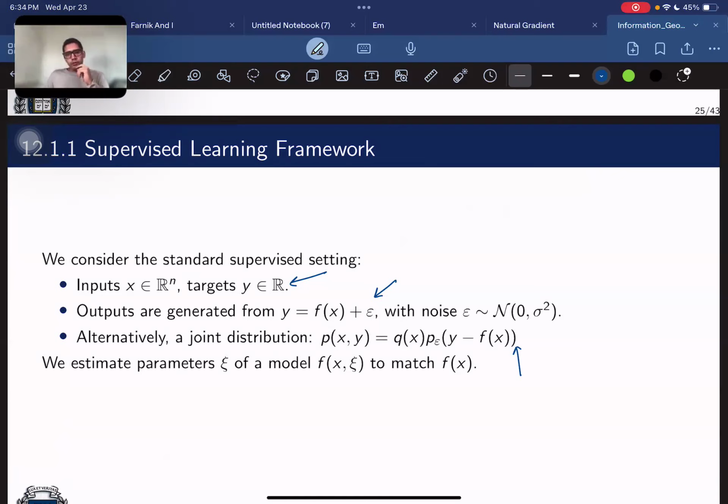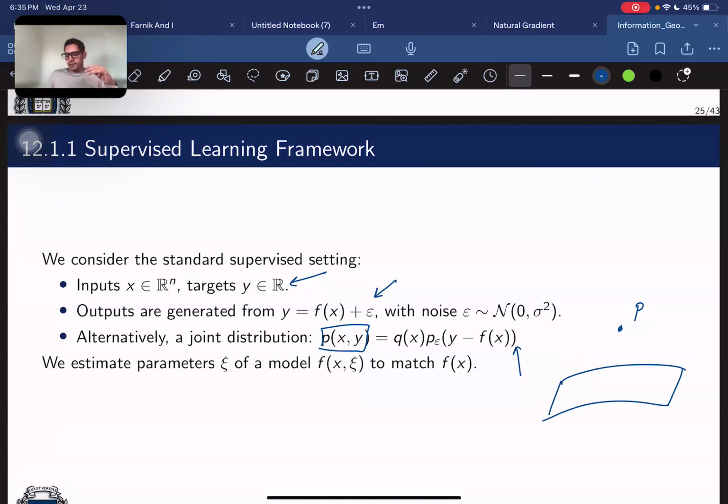So you have defined this joint probability distribution. And then because you have access to y and x, but not f of x, you create a distribution p.